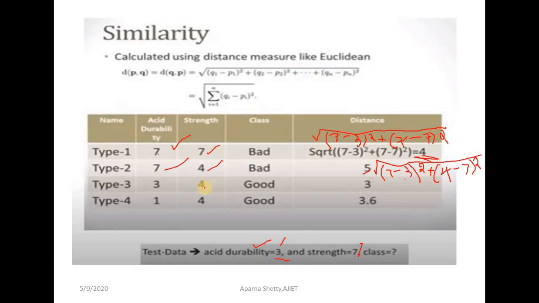Okay, same way you will calculate the distance between this training record and the test data over here. 3 minus 3 the whole square plus 4 minus 7 the whole square.